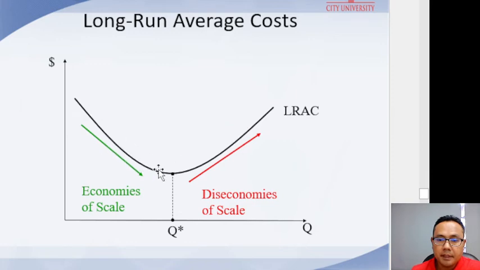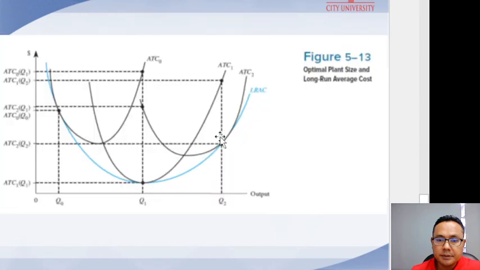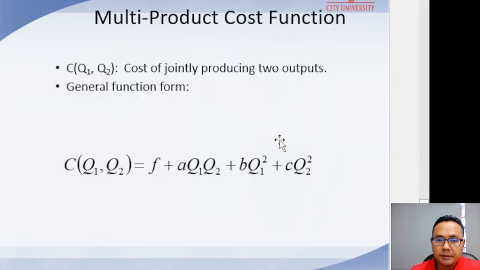Okay, long run average cost is a U shape, like this. So this is the explanation for the long run average cost.